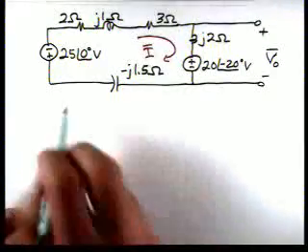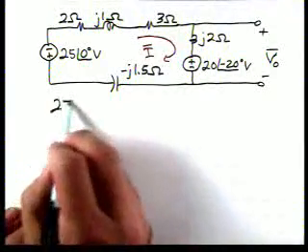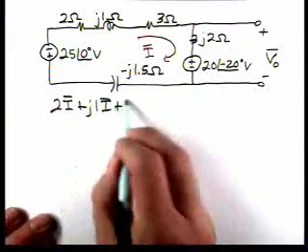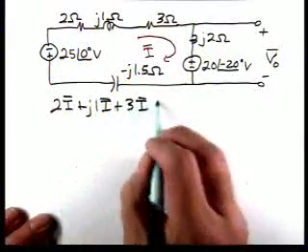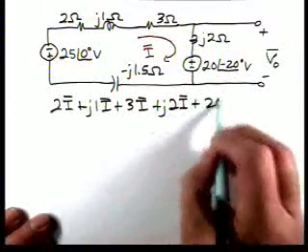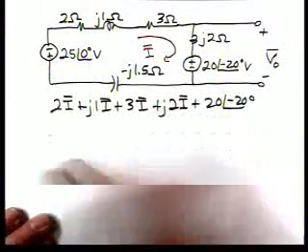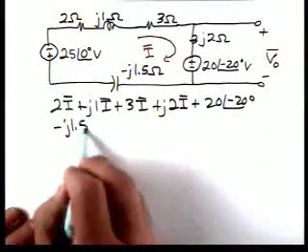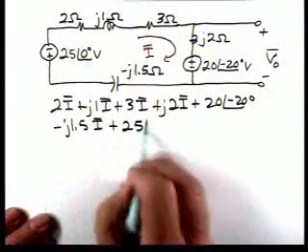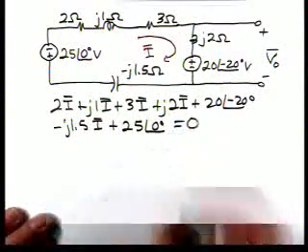Then just applying KVL, we'll have 2I plus J1 times I plus 3I plus J2 times I plus 20 at an angle of minus 20 minus J1.5 times I plus 25 at an angle of 0 is equal to 0.